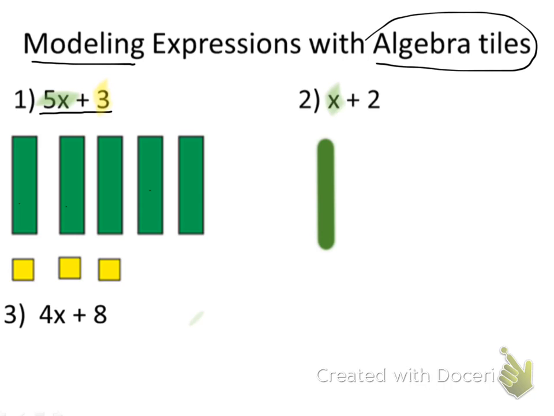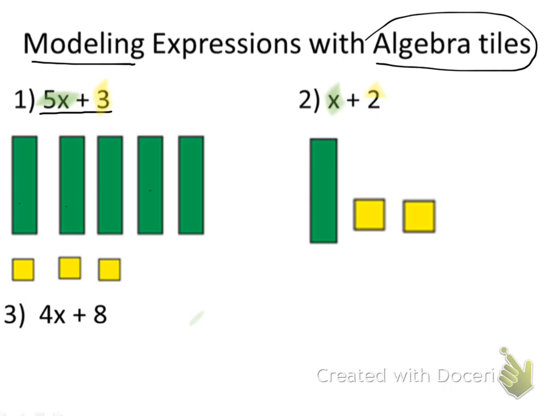Now because the 1 has a variable, x, and we have plus 2 as something else without an x, that means that the 2 are going to be represented using yellow squares. So I need 2 yellow squares to represent my plus 2. There we go, that looks better. So now we have 1x plus the 2 little yellow ones that represent the 2.